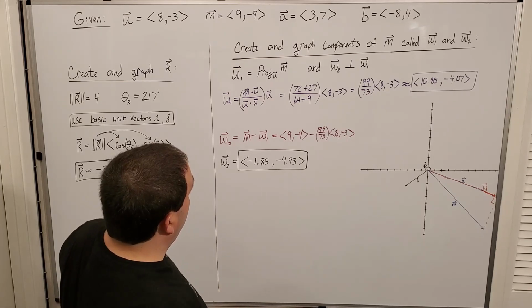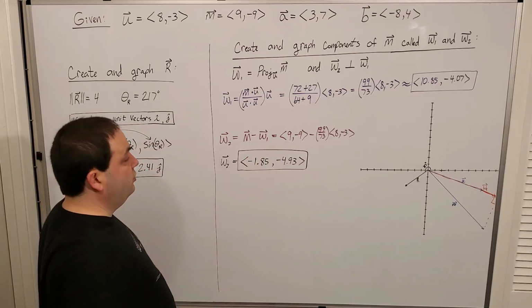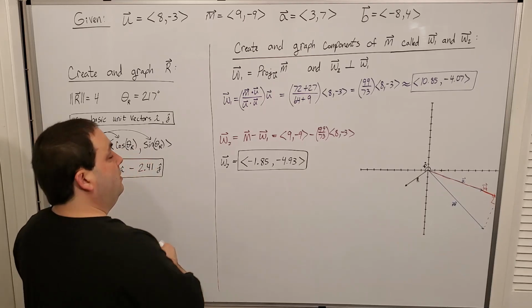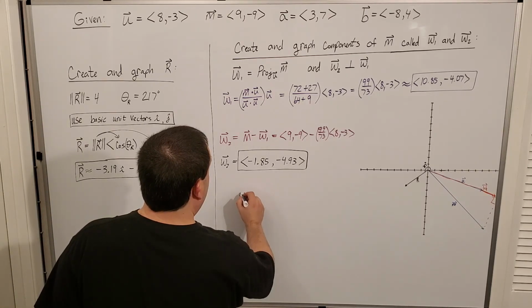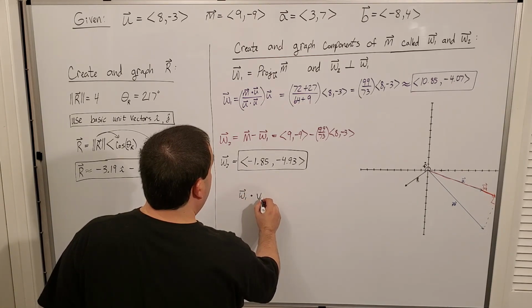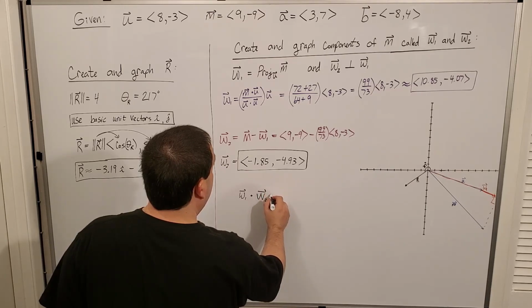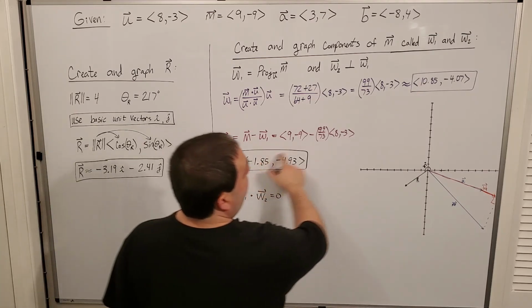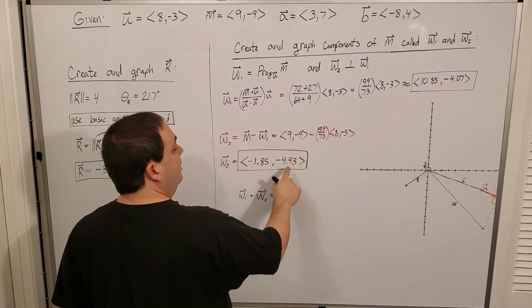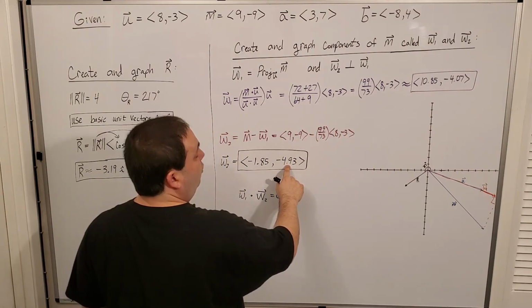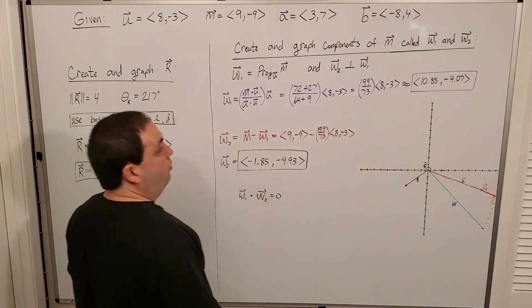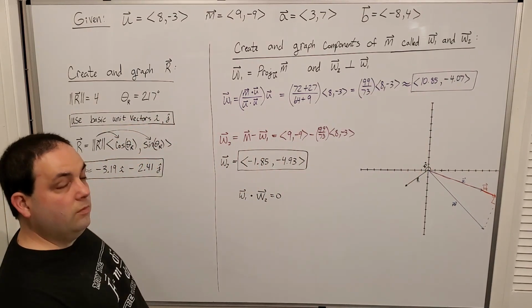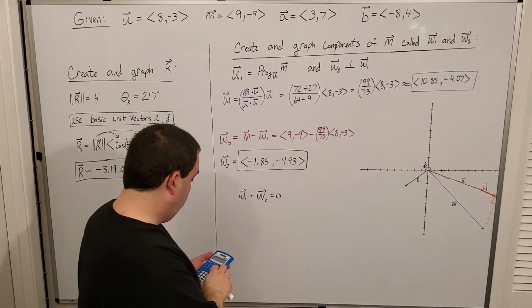Of course, if you want to double check that they're at a right angle to each other, you will note that W1 dotted with W2 will give you 0. Right? So if I do the 1.85 times 10.85 plus negative 4.93 times negative 4.07, that will equal 0. Right?